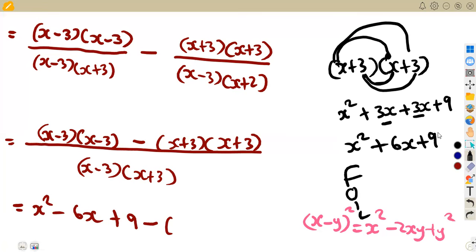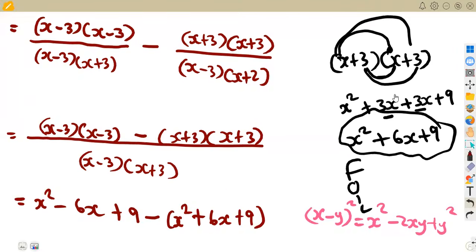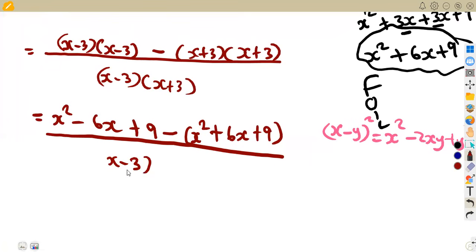So here, this is what you're going to have, and just substitute back. So that's going to be x squared plus 6x plus 9 like this. All right, but do not forget that everything is affected by the LCD. Everything is still affected by our LCD in this case, which is x minus 3 into x plus 3.